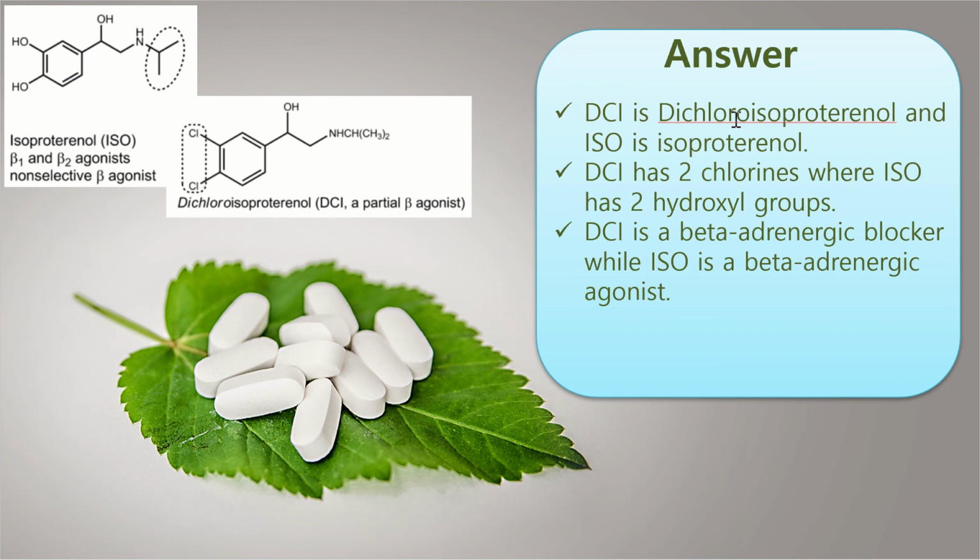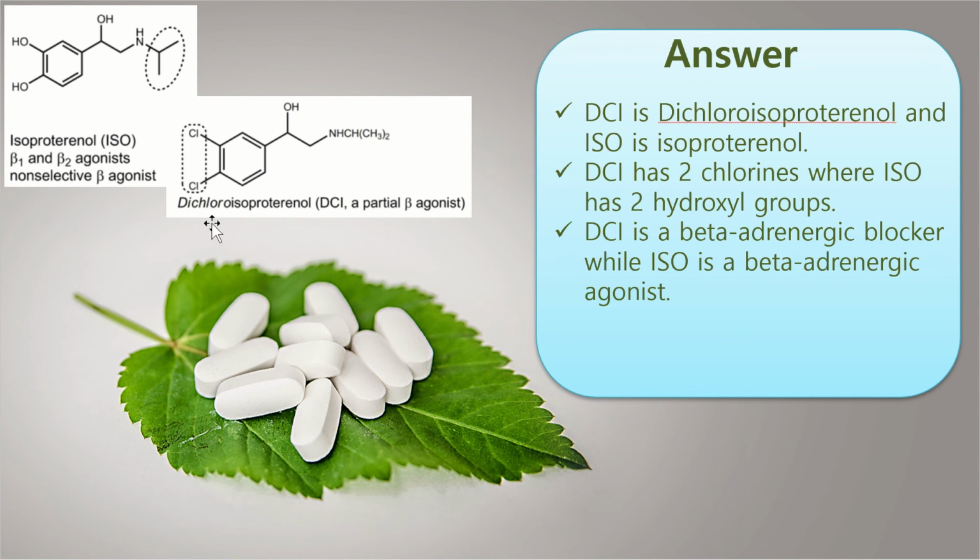So DCI is dichloroisoproterenol and ISO is isoproterenol. DCI has 2 chlorines where ISO has 2 hydroxyl groups. DCI is a beta adrenergic blocker while ISO is a beta adrenergic agonist.